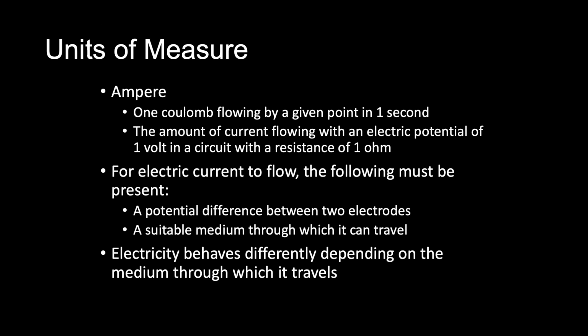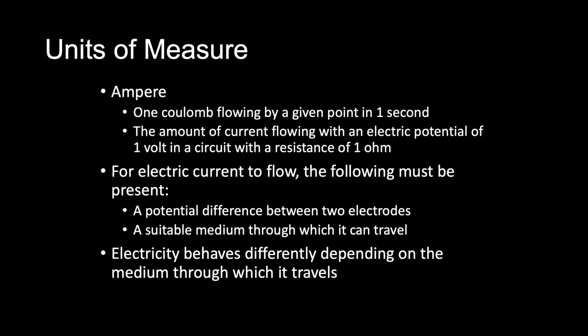Current is measured in amperes, named for André Marie Ampère, a French physicist who made a significant contribution to the study of electrodynamics. The ampere is defined as 1 coulomb flowing by a given point in 1 second. Reflecting the relationship to the definition of volt, it may also be defined as the amount of current flowing with an electric potential of 1 volt in a circuit with a resistance of 1 ohm.